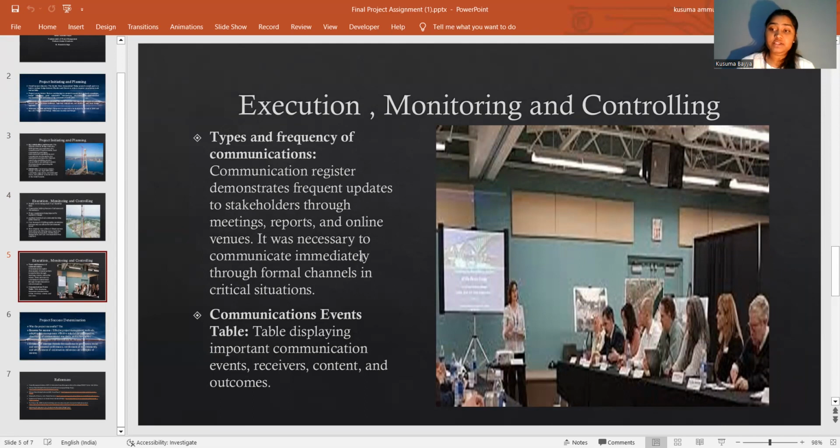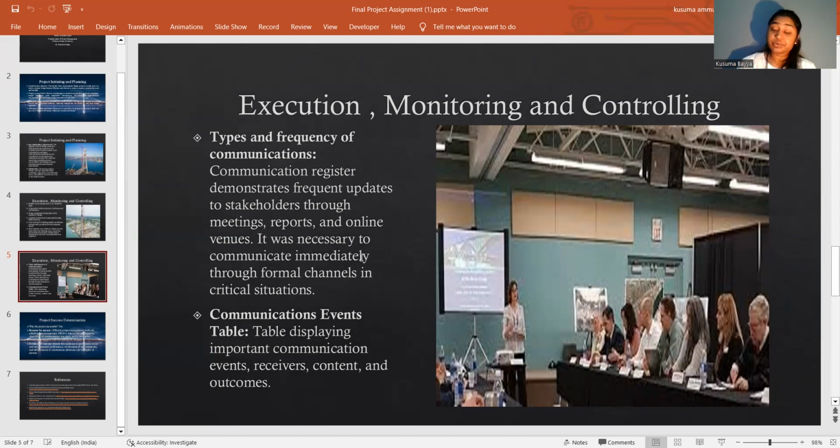The use of digital platforms, meetings, reports, and updates on a regular basis helped to preserve stakeholder participation and also enabled prompt resolutions in urgent cases, and the messages were routed through official channels.